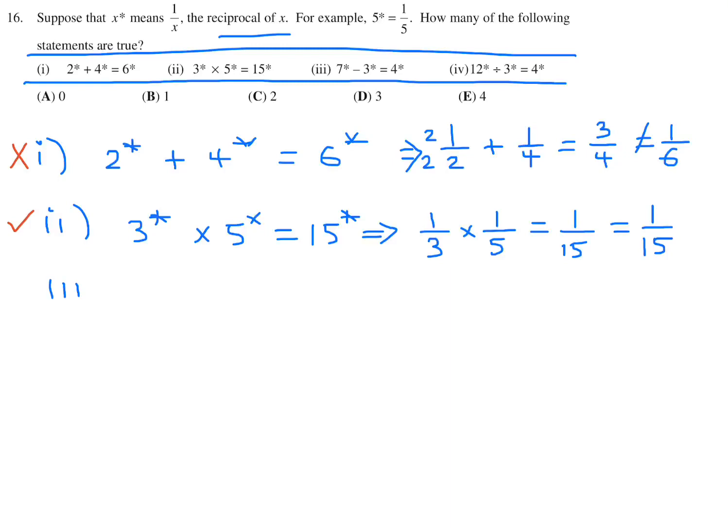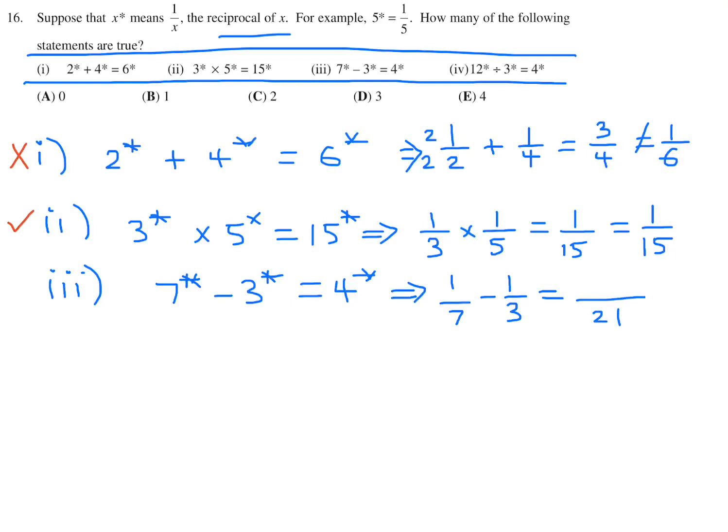Now let's try the third one. You've got 7 star minus 3 star is equal to 4 star. So we've got 1 over 7 minus 1 over 3, and this looks like common denominator is going to be 21, and we're going to have 3 minus 7, so this gives you minus 4 over 21.